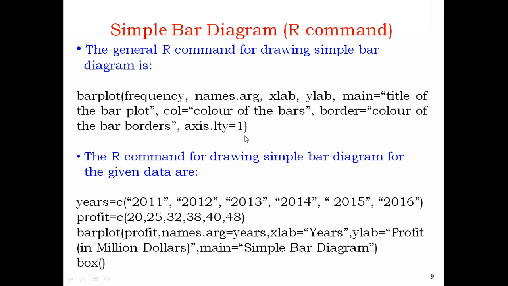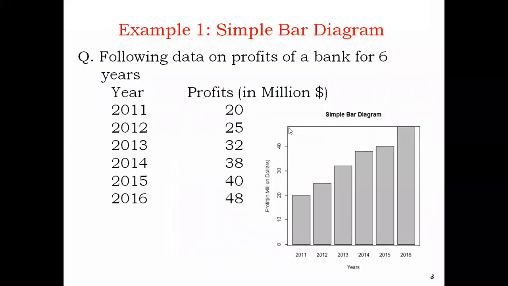You can add box, or if you don't want to, it's okay, no problem, because if you are not giving this box within the bracket, then it will not come as a box. Simply the X and Y axis will come, and then the bars will come, if we are not giving the command box.